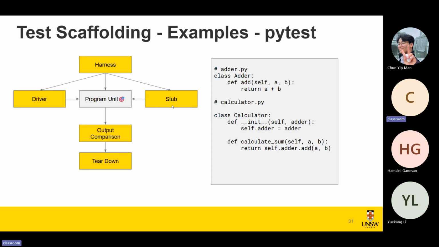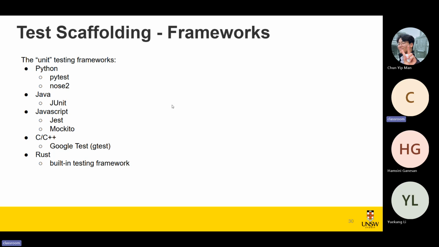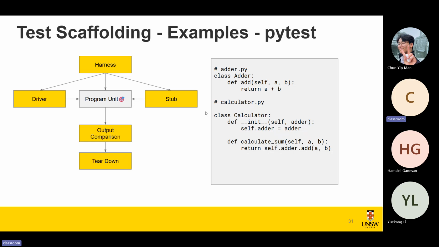So let's have a look at some concrete examples, some code from these frameworks. For example, let's assume that we are trying to test the implementation of a small calculator program.